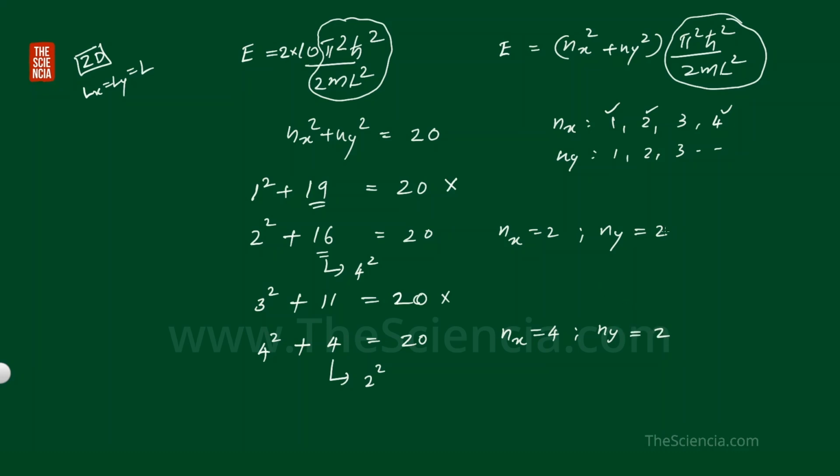Sorry, I made a mistake earlier, the ny value there is 4, right? Then only we will get 20. That means the states psi 2 4 and psi 4 2 have the same energy 20 into pi square h square by 2 m L square. So there are two states having the same energy, that means their degeneracy is equal to 2.